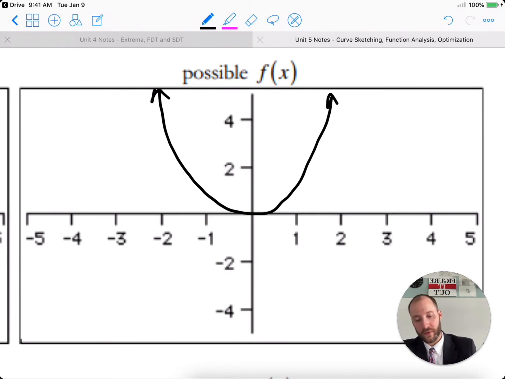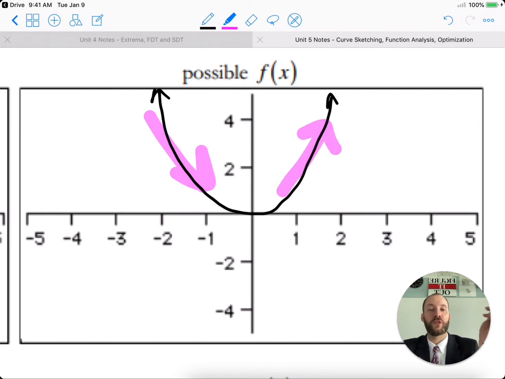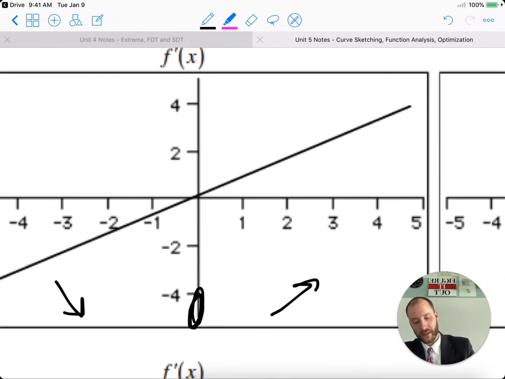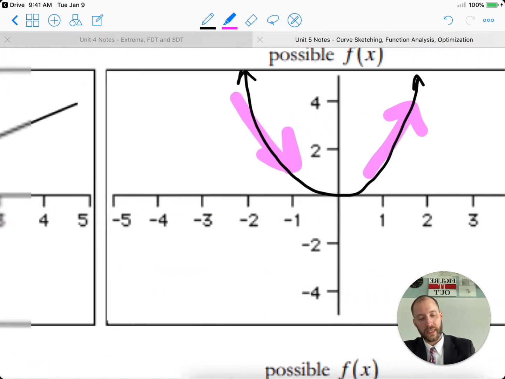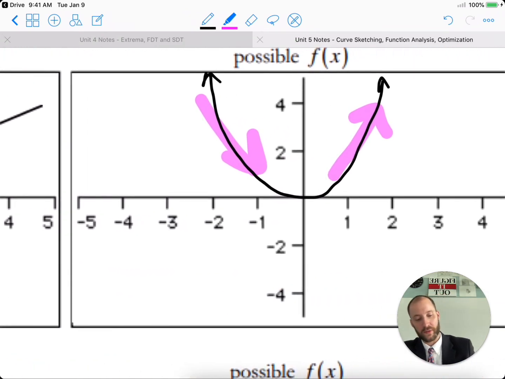Decreasing behavior over here, increasing behavior over here, and a gradual change from decreasing to 0, because right here we have a slope of 0, and then going to increasing behavior.